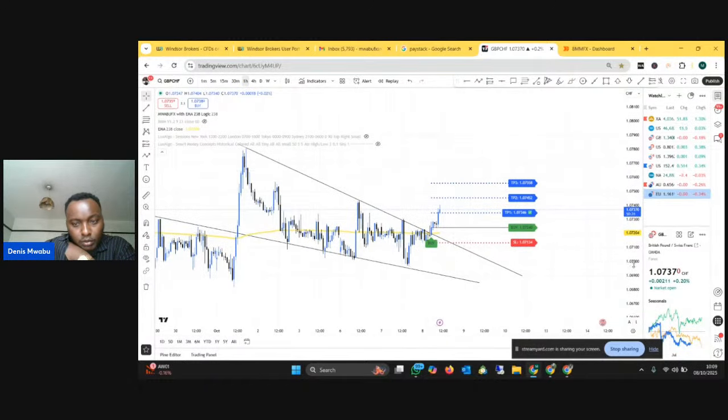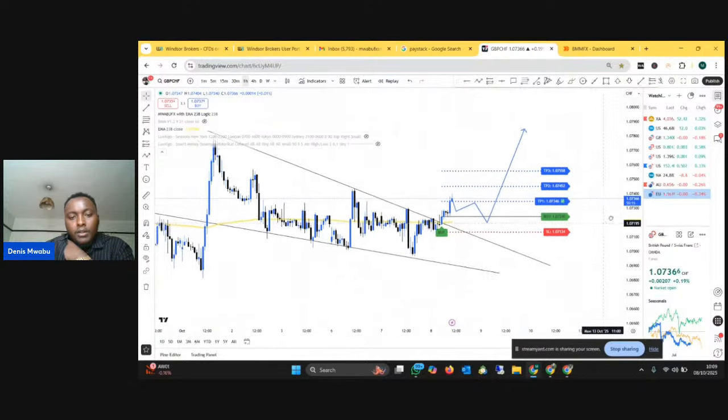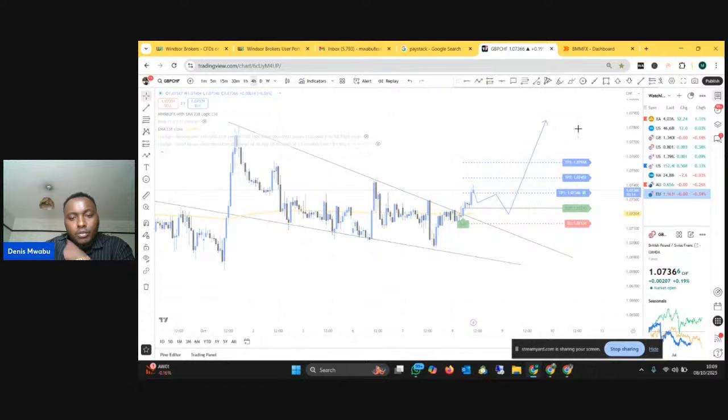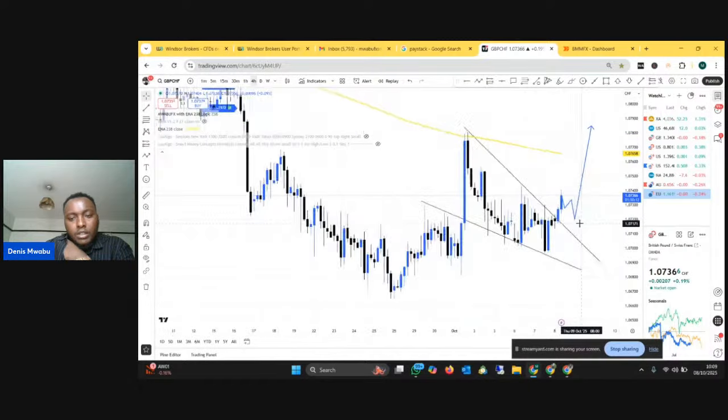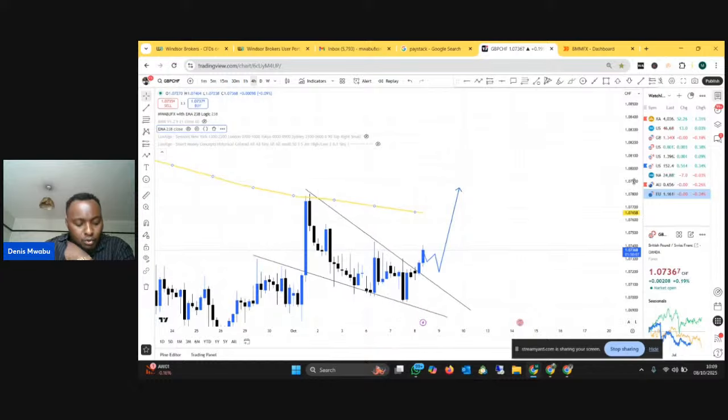I think the most important thing to look for is a correction, so that we can continue pushing up. That is GBP CHF, not GBP USD. You can look at something like that.